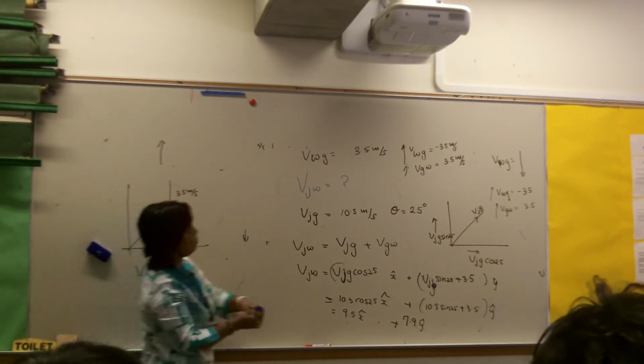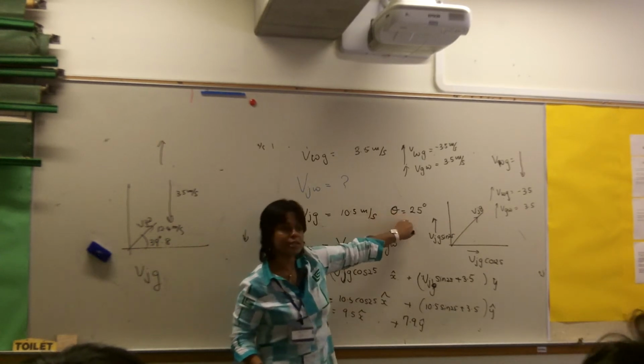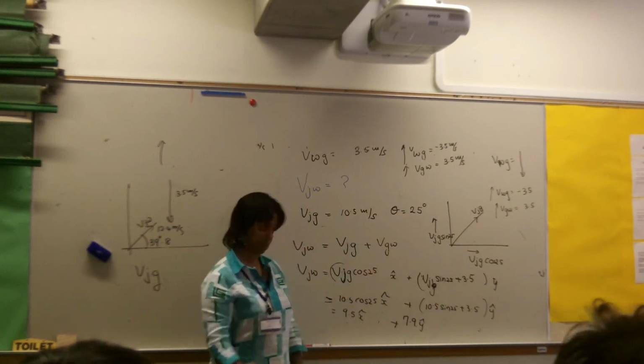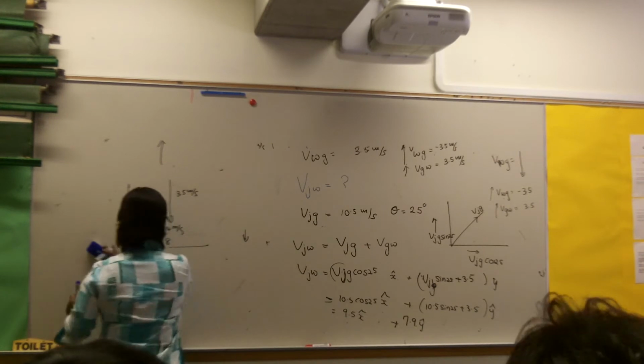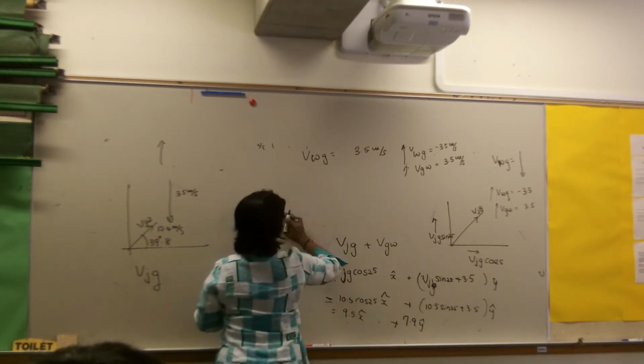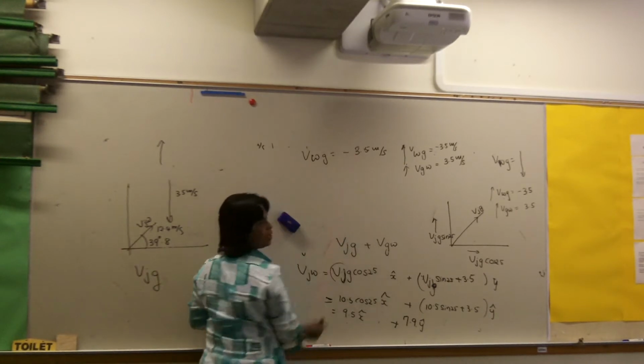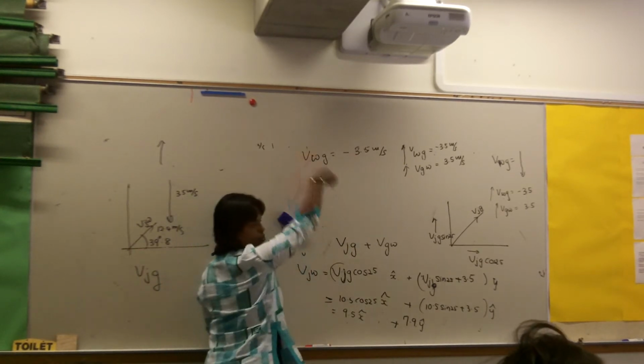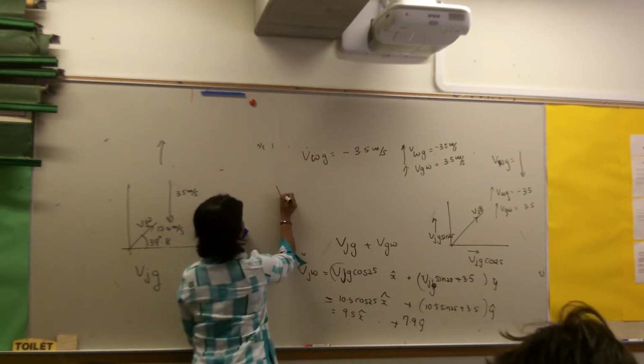You should be able to get this and this angle if you calculate backwards. Now how do you write this? You know this is VWG negative, right? Because it's going down.